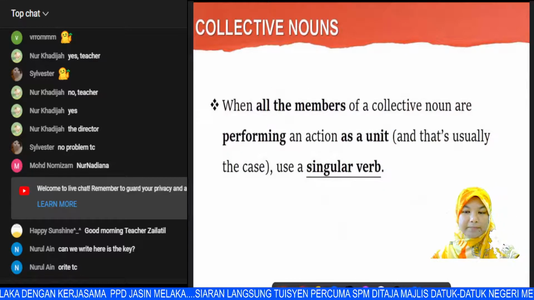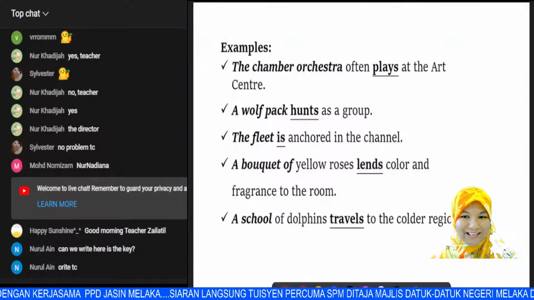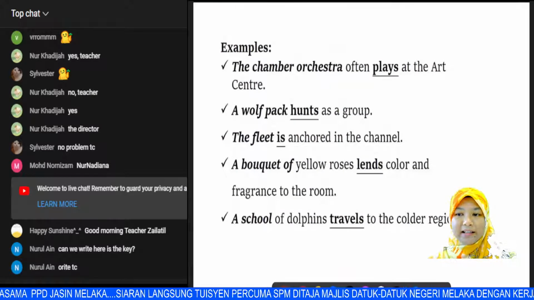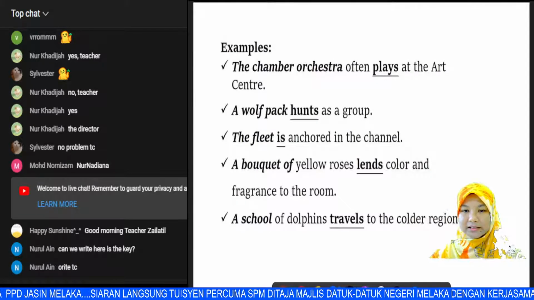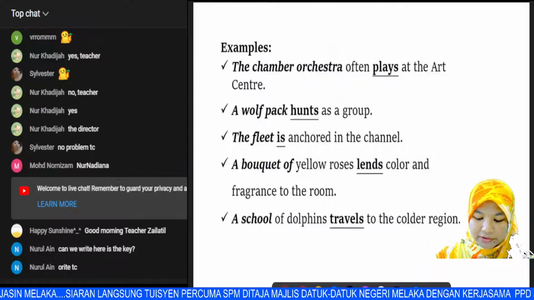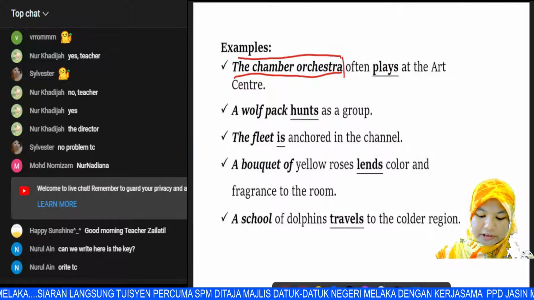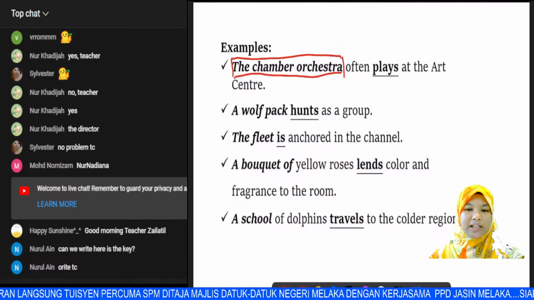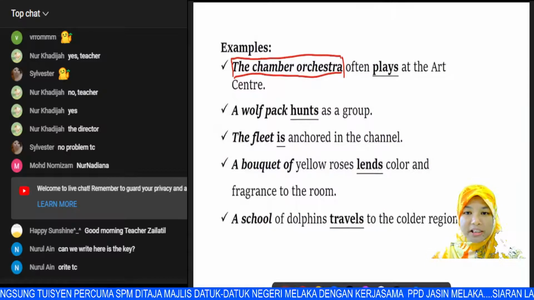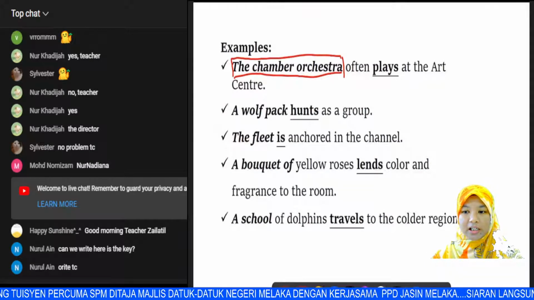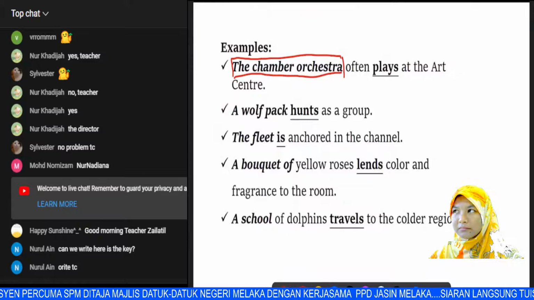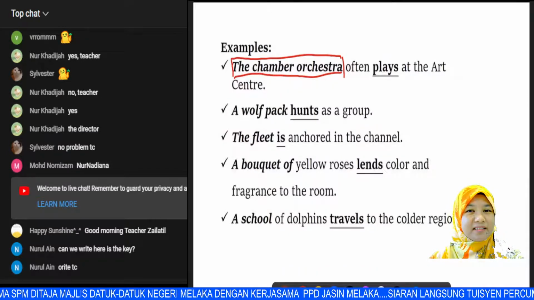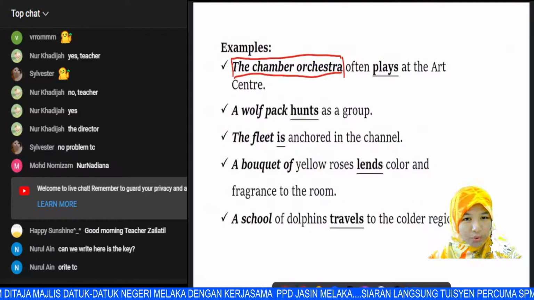Example here. The chamber orchestra often plays at the art center. The orchestra here is made up of many musicians. There are many instruments such as violin, I think, piano.